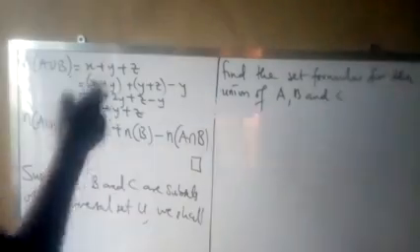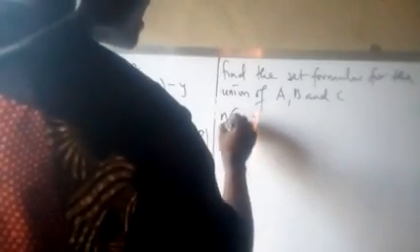Please don't forget, this formula is very useful. So that means the number of A union B union C could be, let's assume that, actually that's what we want to find.